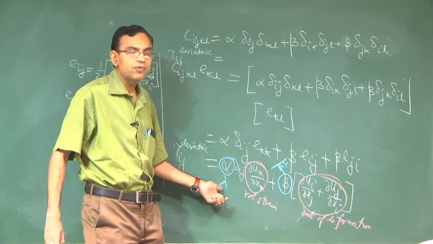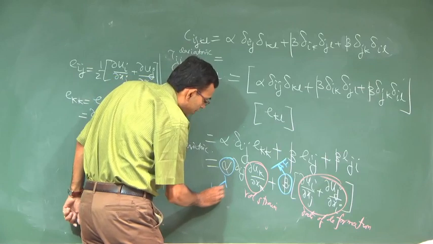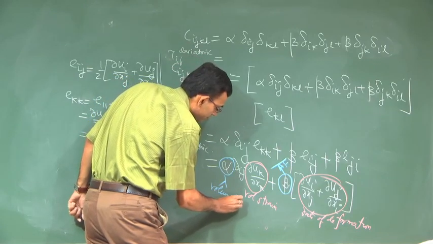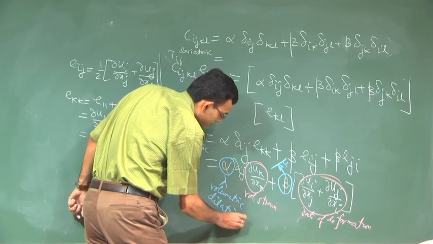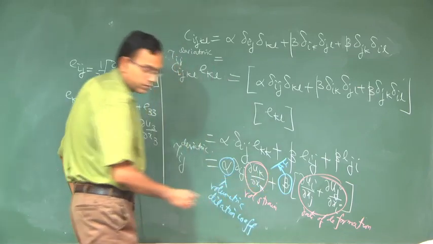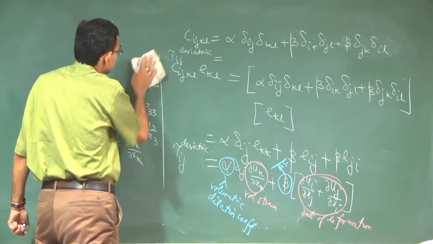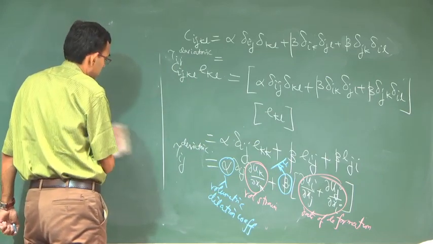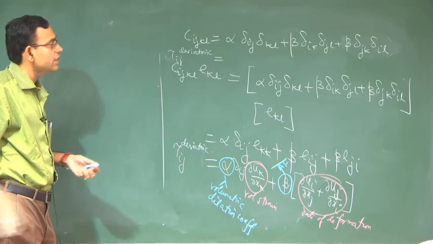This is lambda, or volumetric dilation coefficient, because this is related to volumetric change. Therefore, we can write the tau ij in this way.